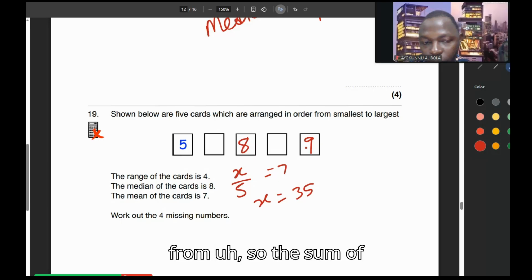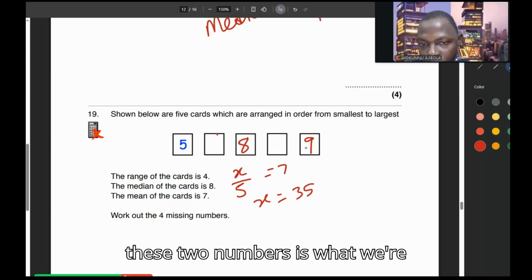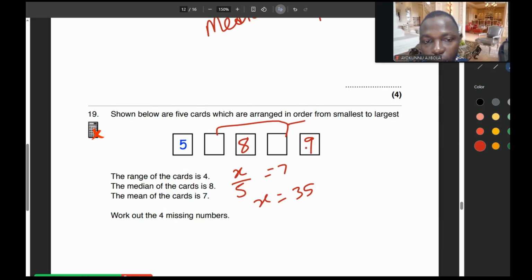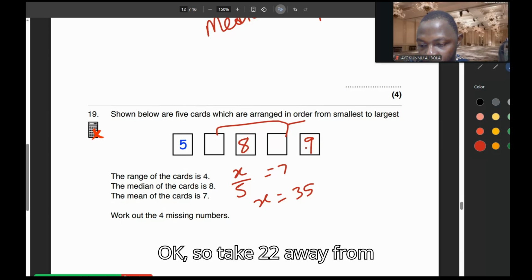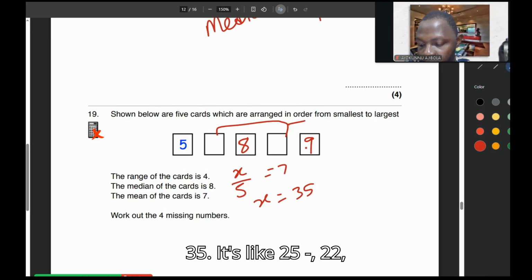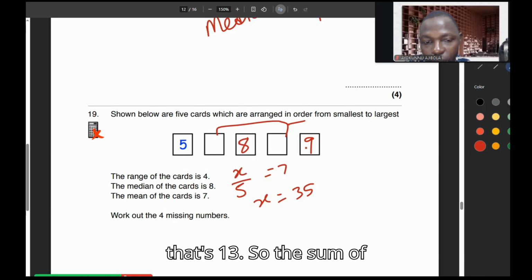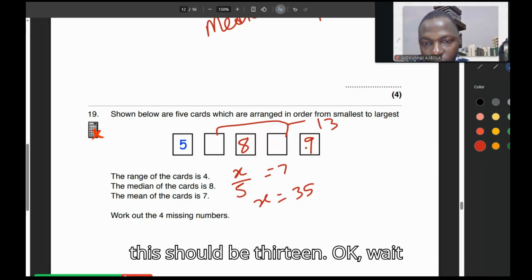So take 22 away from 35, that's 13. So the sum of these 2 numbers should be 13.